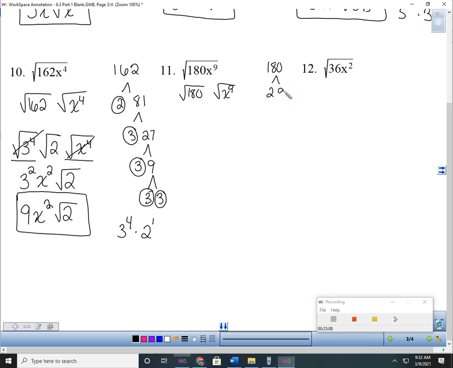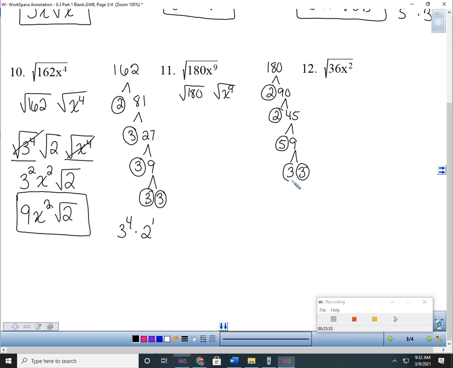So 2 times 90. 2 is prime. And 90, that's even. It'll divide by 2. So 2 and 45. And then 45 will not divide by 2, but it will divide by 5. So it's 5 and 9. And then 9 is 3 and 3.